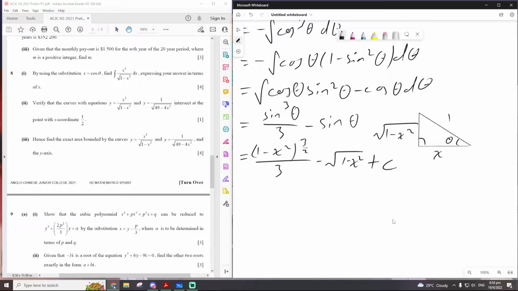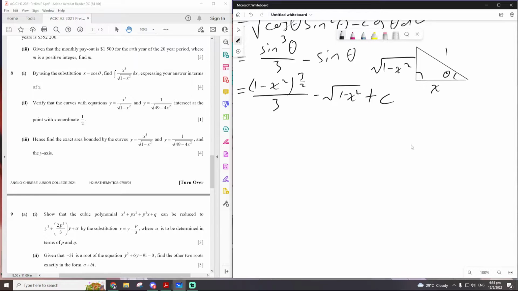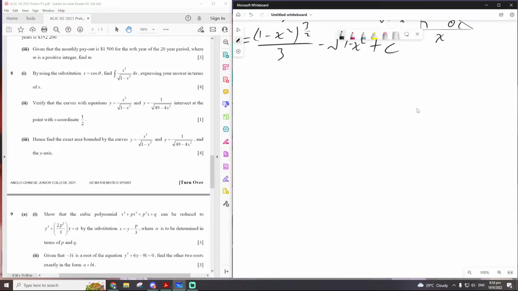Okay. The second part is just a simple verify question. So y equals x cubed divided by square root of 1 minus x squared. When x equals half, what is y?